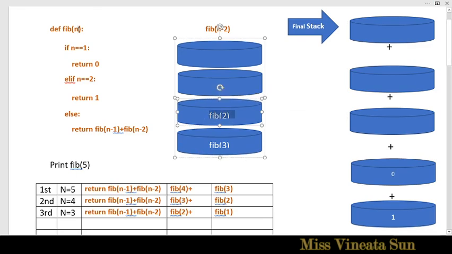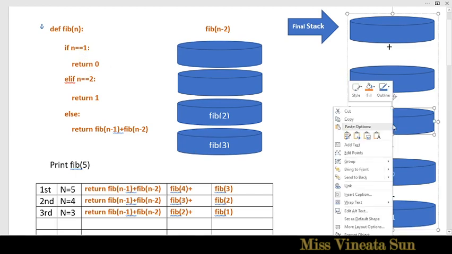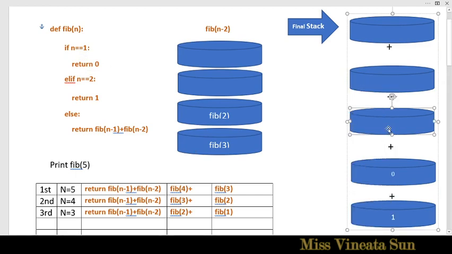Now fib 2 gets copied here, and again it comes to n is equal to 2, and then it returns you 1. Okay, which means again this one comes here, fine. So this fib 2 also has come out. Then this last one comes out, fib 3. Now 3, again it will go to the else part, you see.